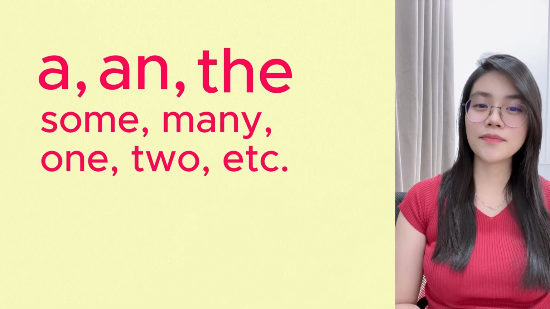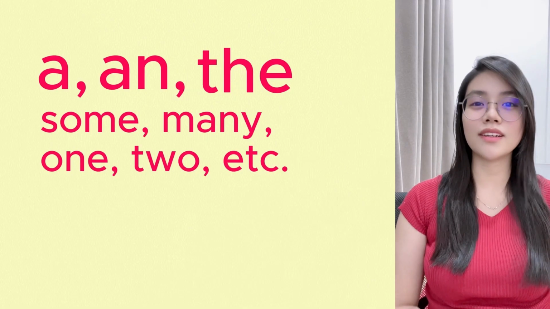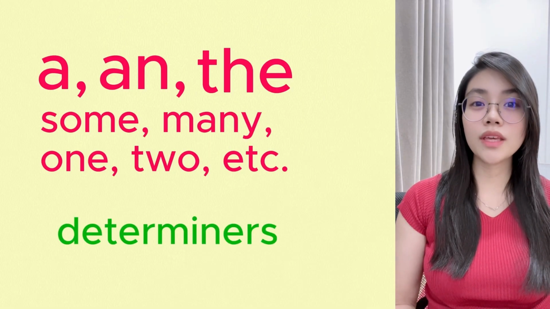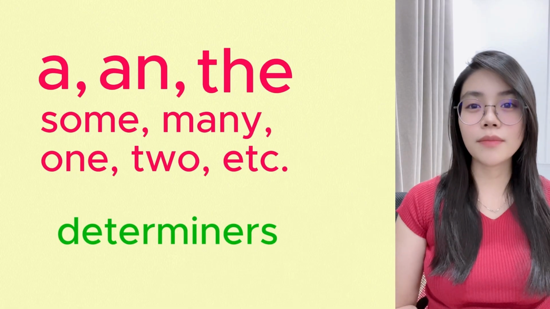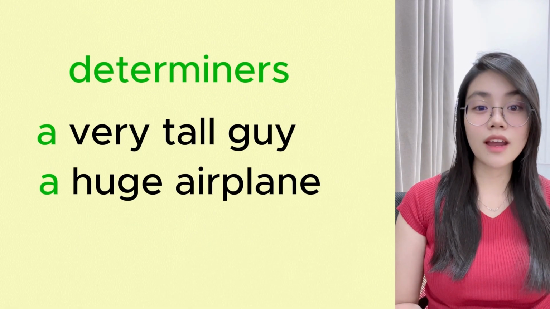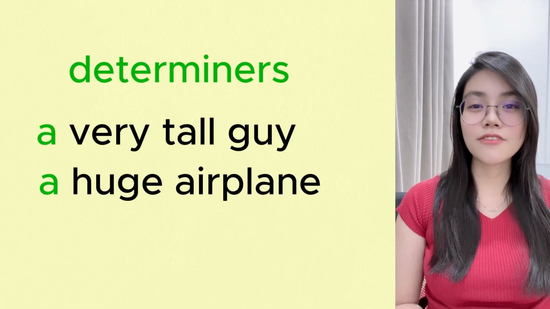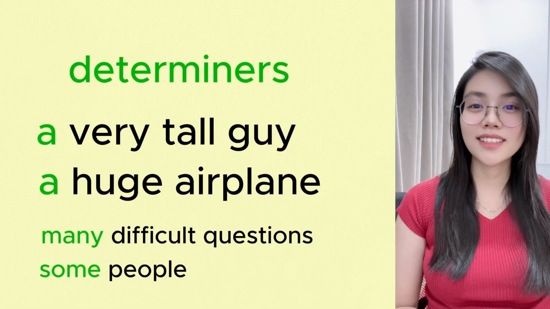What are they? Yes, they are called determiners, and they always appear at the beginning of a noun phrase. For example, a very tall guy, a huge airplane, many difficult questions, some people.